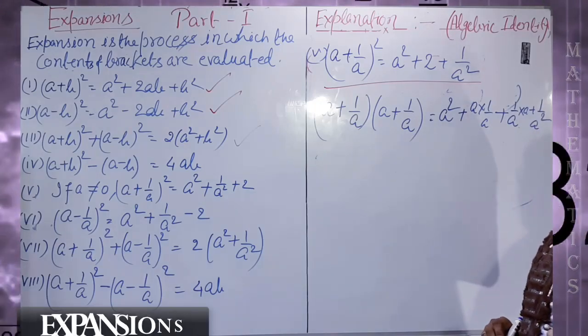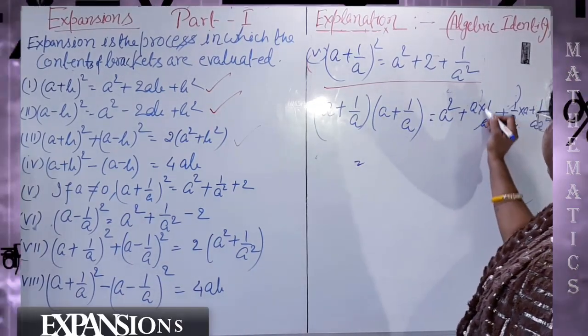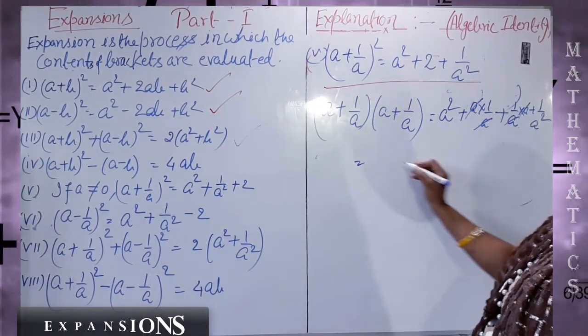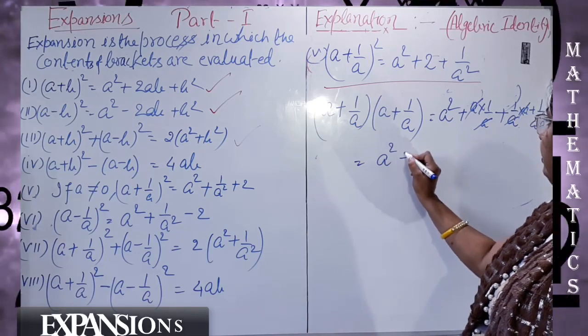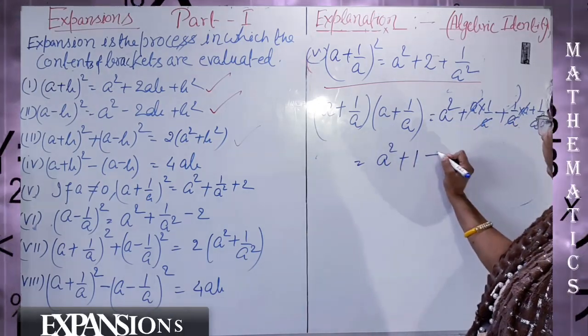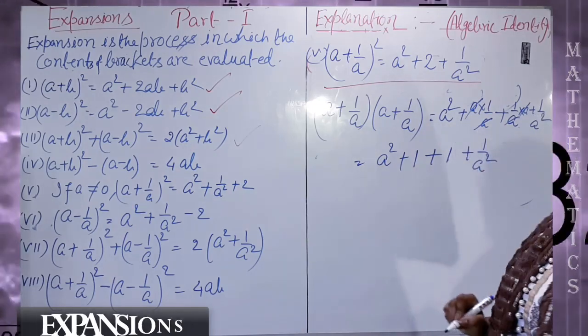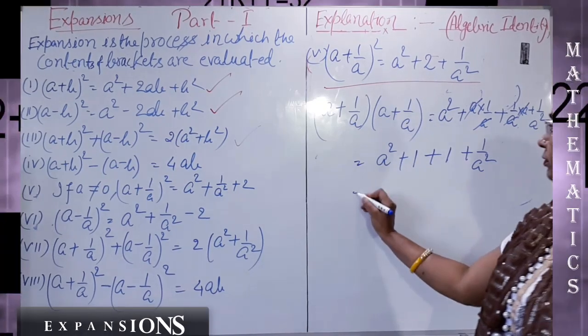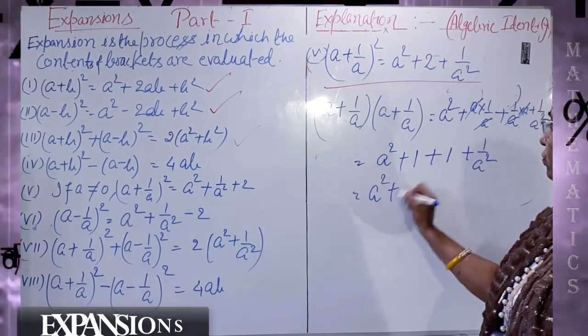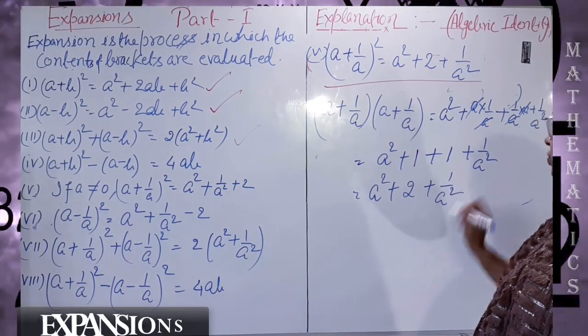Now a cancels, you can see a square plus 1 plus 1, that is 2, plus 1 by a square.